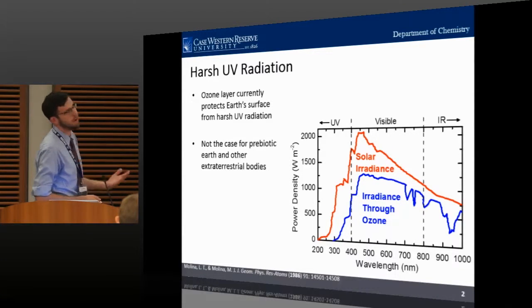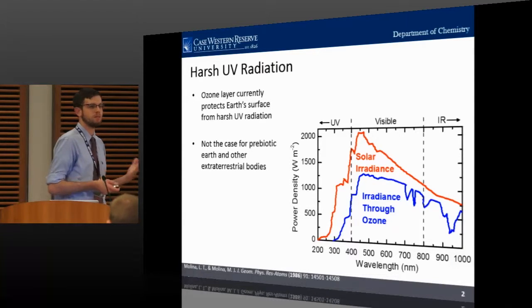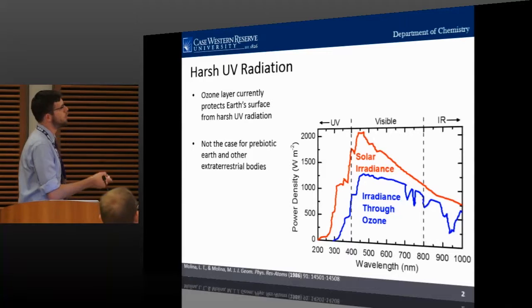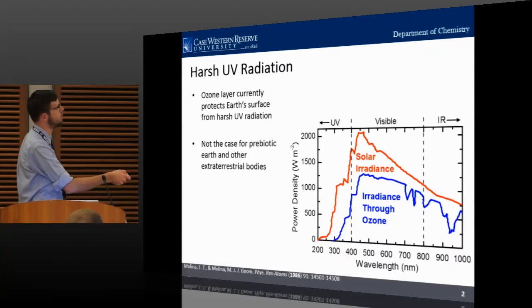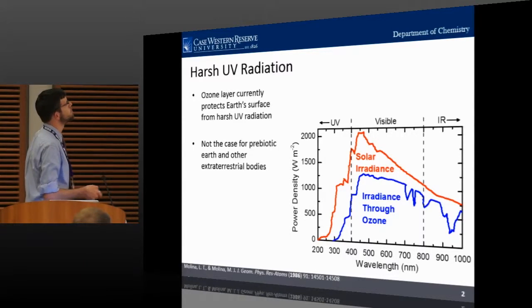And so in prebiotic Earth, before the ozone formation, and also in extraterrestrial situations, we would have much more of this harmful UVB, UVC wavelengths, which could shape this evolution.